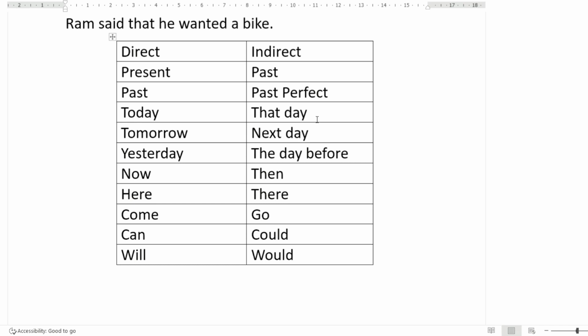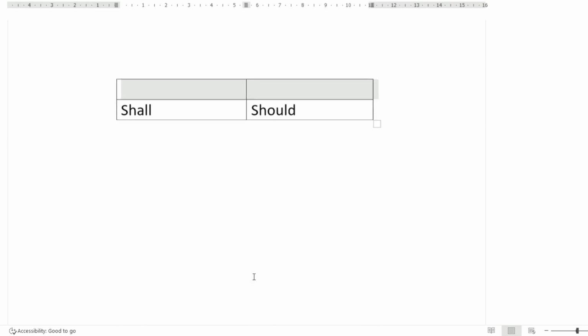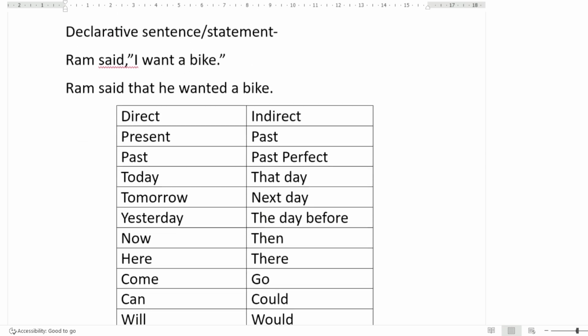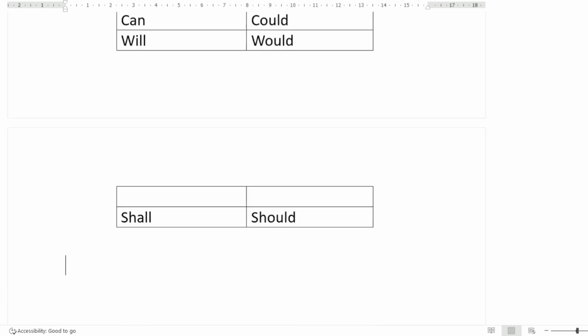Here changes to there. Come changes to go. Can changes to could. And one more interesting thing, shall also changes to should. These are some of the changes which take place when we are changing a declarative sentence to indirect speech.